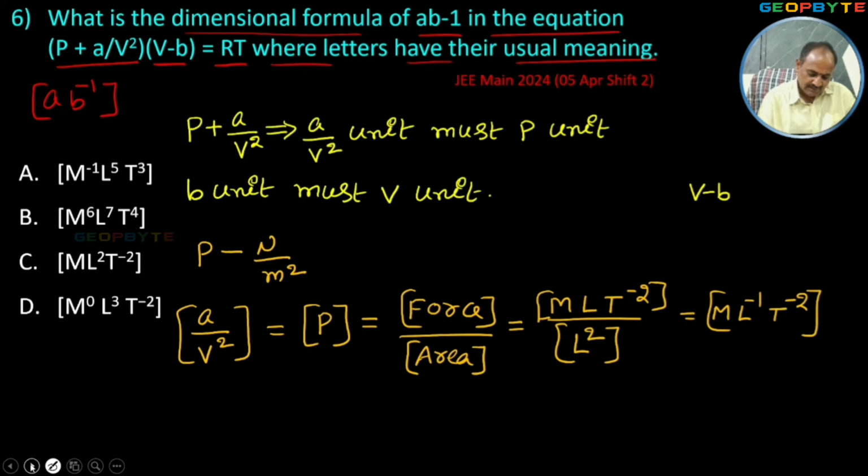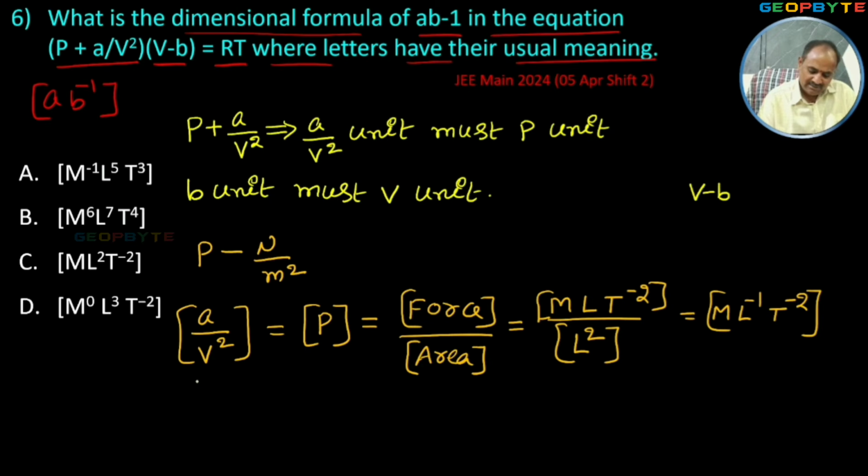Let us take another slide. Here we got a by v square. Here v is the volume. Volume dimensional formula is L cube, whole square. L cube whole square means directly I can write L power 6.